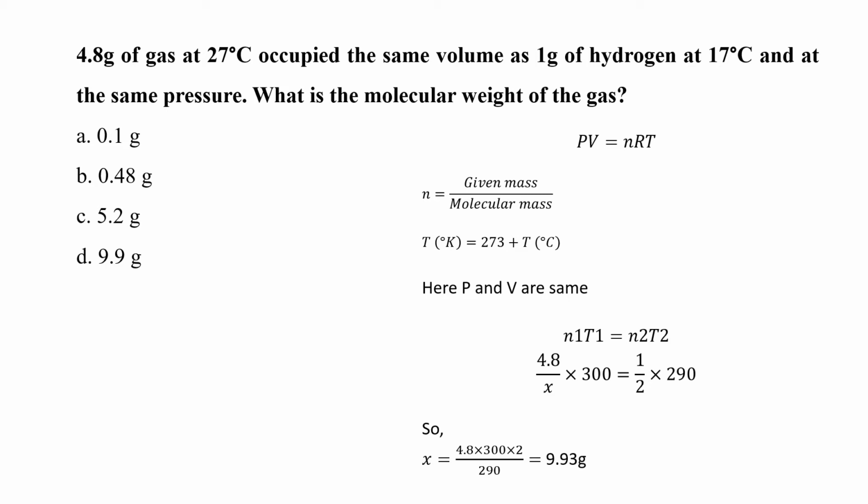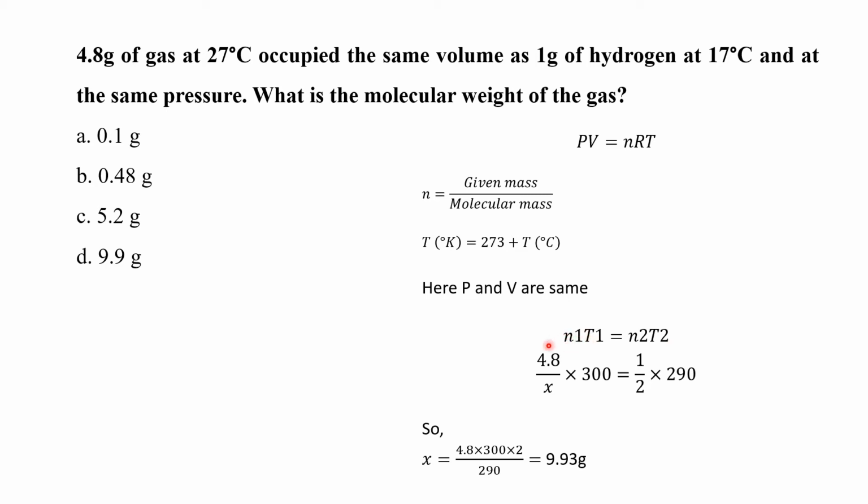Now, in this question, pressure and volume are maintained constant. So, the only things varying are n and T. So, we can write n1T1 = n2T2.